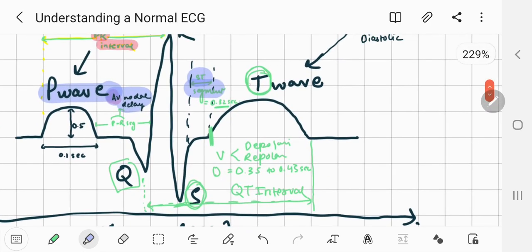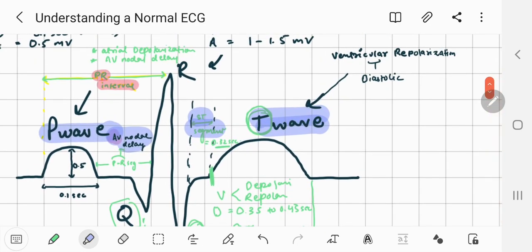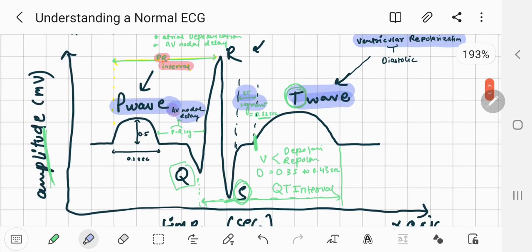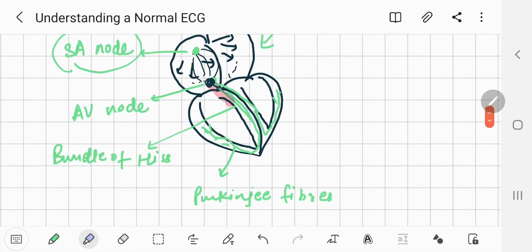And finally, the T wave tells us the ventricular repolarization, or ventricular diastole, that means when the blood is filling in the ventricles. Systole means when the blood is emptying from the ventricles or the atria. Okay, so this is what a normal ECG looks like, and this is what a normal ECG means. So if there are any changes from the normal ECG, then we call it a problem, of course. So this is all about an ECG.